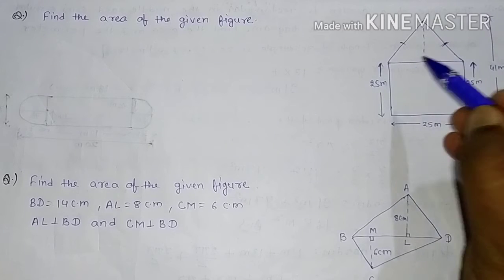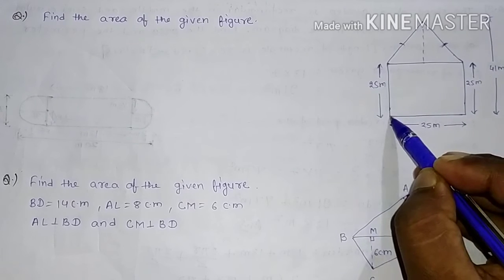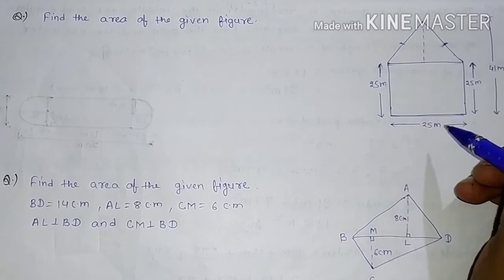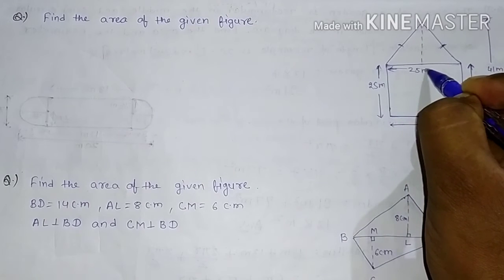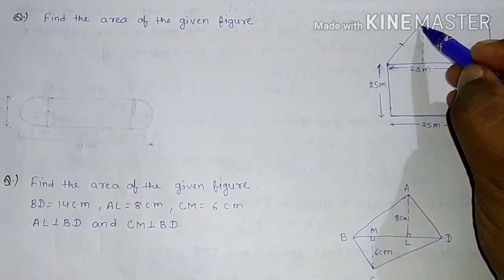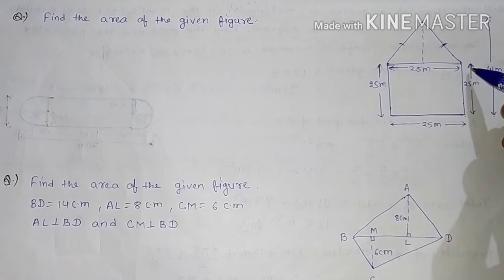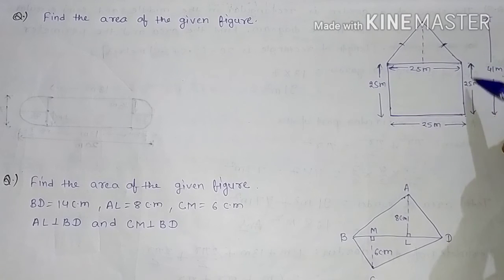So this is the base of the triangle, and this is 25 meters, which is given here. This side is equal to this side because it is a square. So this is 25 meter, that's why this also becomes 25 meter. So the base of the triangle is 25 meter, and here we also have to find the height. The total height of the figure is given as 41 meter, and the height of the square is also given, 25 meter, or you can say the side of the square is 25 meter.